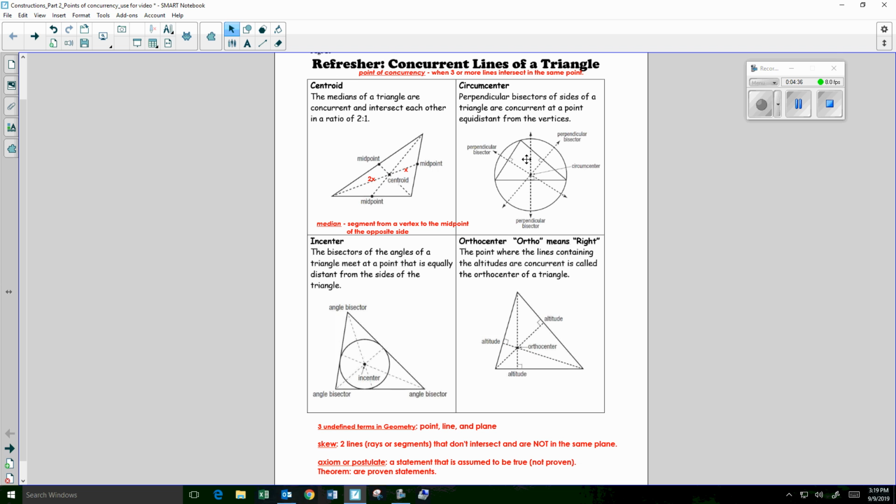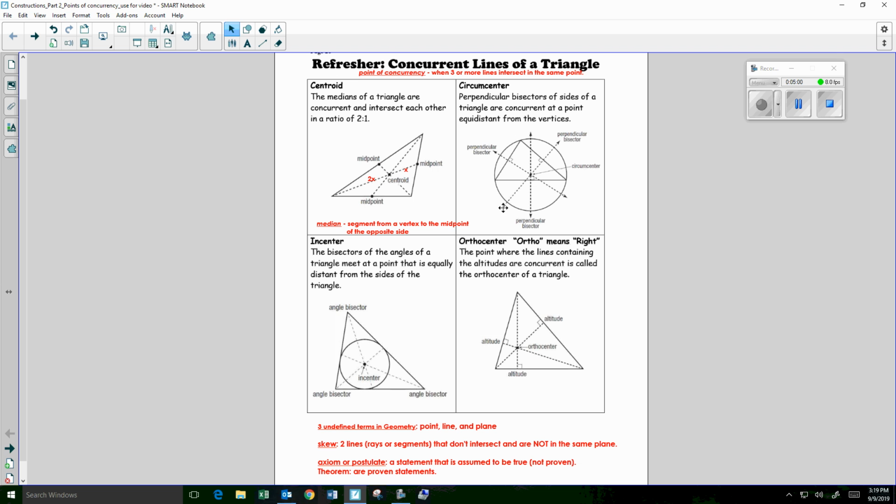So the next one is perpendicular bisector. Remember, open up more than halfway, draw a semicircle, turn around, semicircle, and there's a perpendicular bisector. Do that 3 times from all 3 sides, and where they intersect is called the circumcenter. That tells you it's the center of a circle, and the circle goes about.